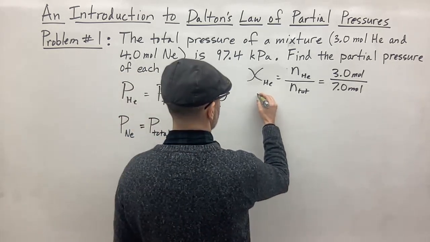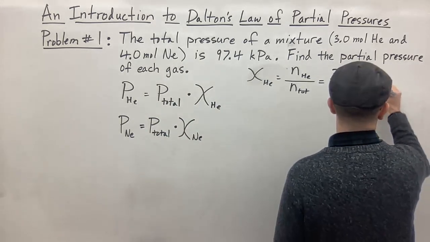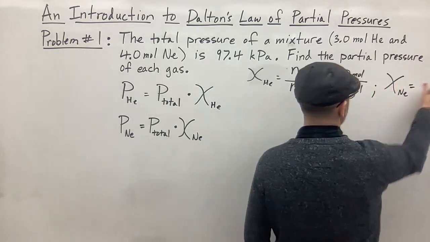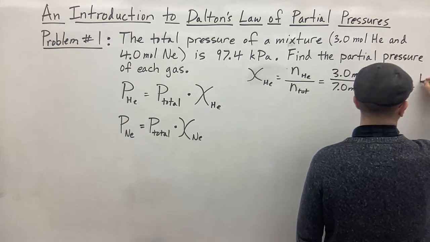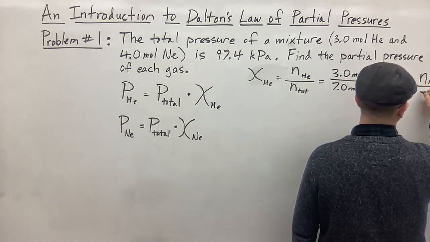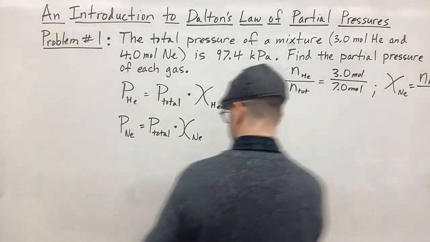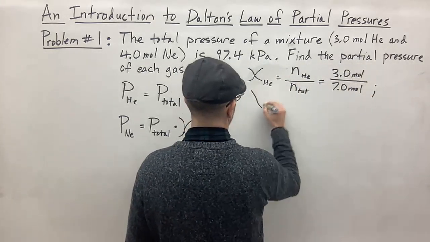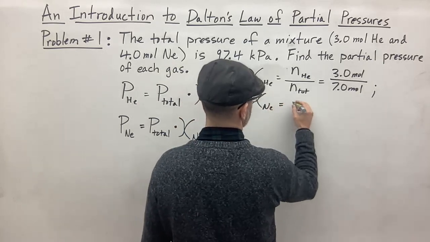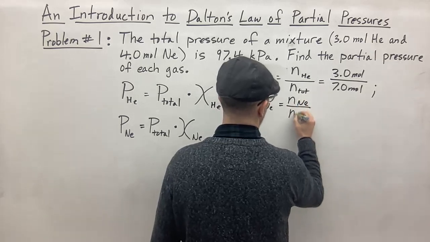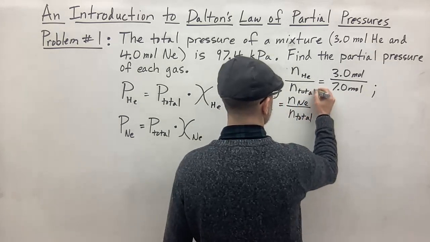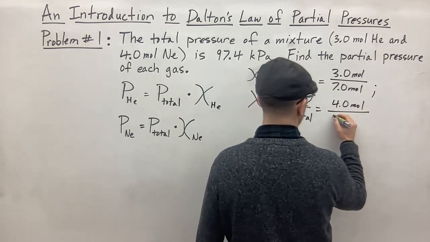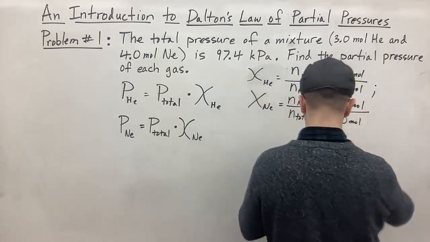And again, the mole fraction of neon is equal to the moles of neon divided by the total moles, which is 4.0 moles over 7.0 moles.